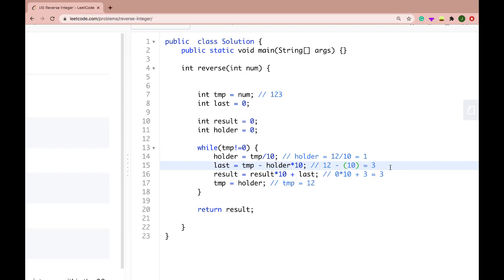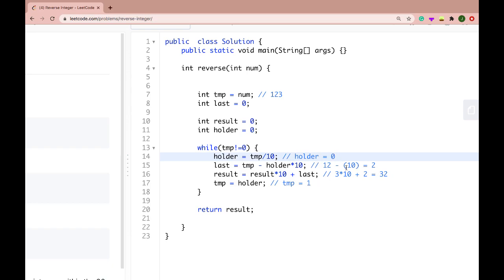So 12 minus 10 equals 2, and that gives us the second last digit. Here, result currently is 3, so 3 times 10 plus last, which is 2, will equal 32. Temp will equal 1, since holder is currently 1. Holder equals temp divided by 10. 1 divided by 10 is 0.